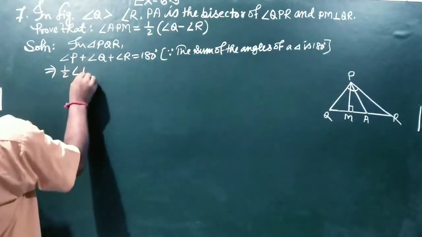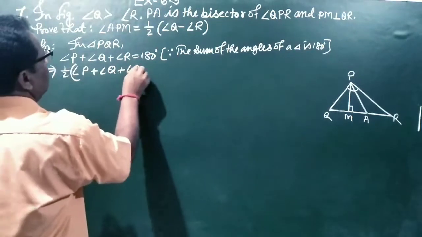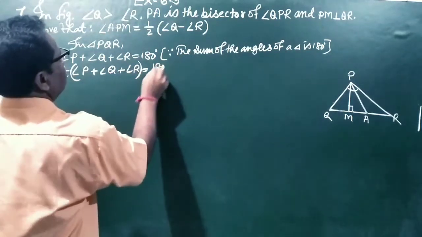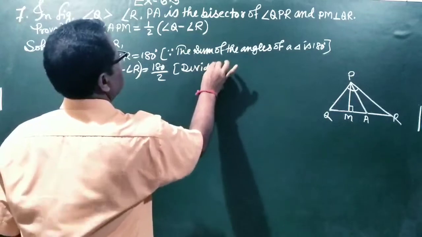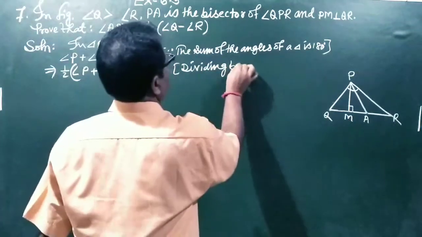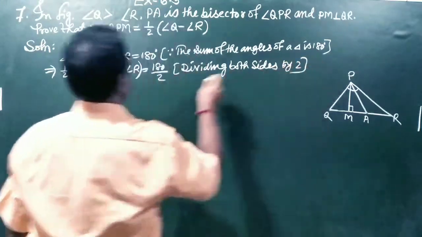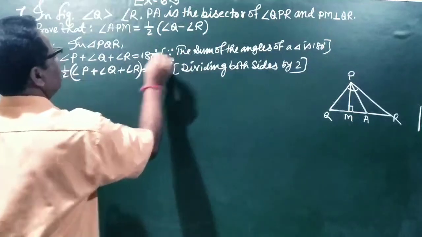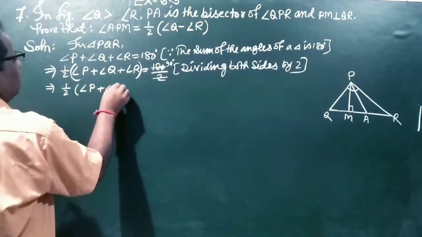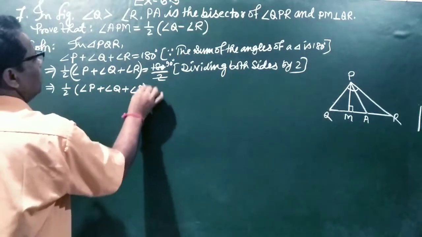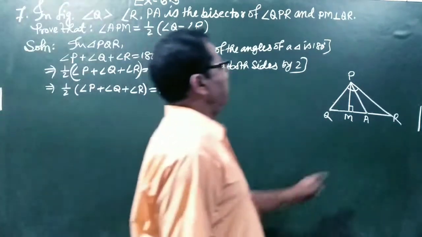Then half of angle P plus angle Q plus angle R is equal to 180 by 2, that is 90 degrees. Getting half of angle P plus angle Q plus angle R is equal to 90 degrees. Let it remain.